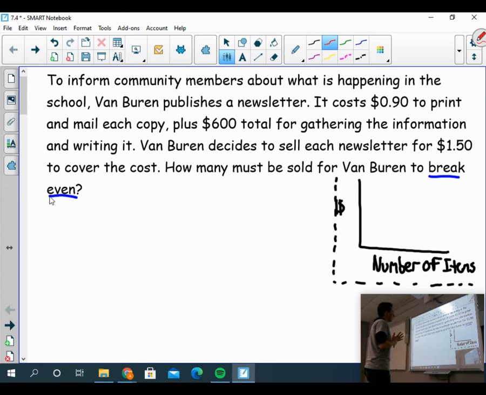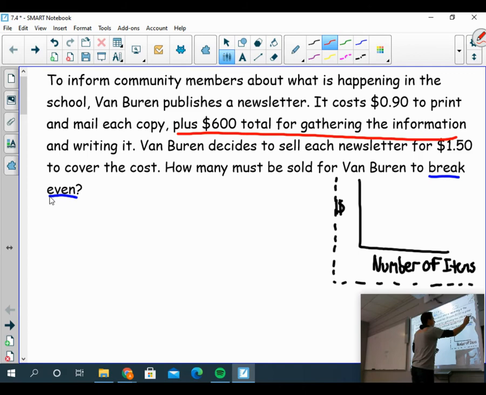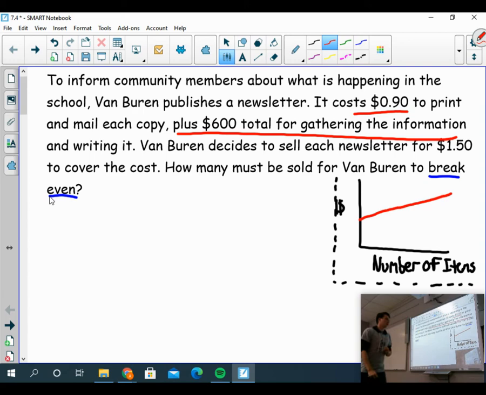So we're already starting in the hole, even if we never sell a single copy, sheerly because of the $600 it takes to get it off the ground. So maybe for our costs, we can underline those in red. We're starting at $600 and then our costs are going to go up the more we print the newsletters, if red is our costs.